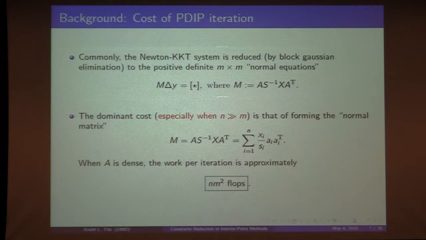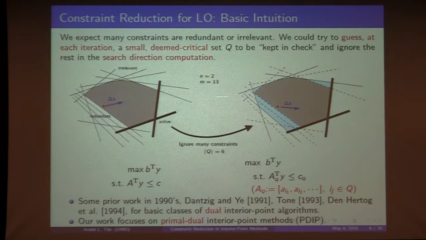So in that case, if you could somehow use a small number of constraints instead of n here, if you could use only half of the constraints and still do a good job, you will gain half of the CPU time. Possibly you can reduce it more than that. So this is the idea behind constraint reduction.